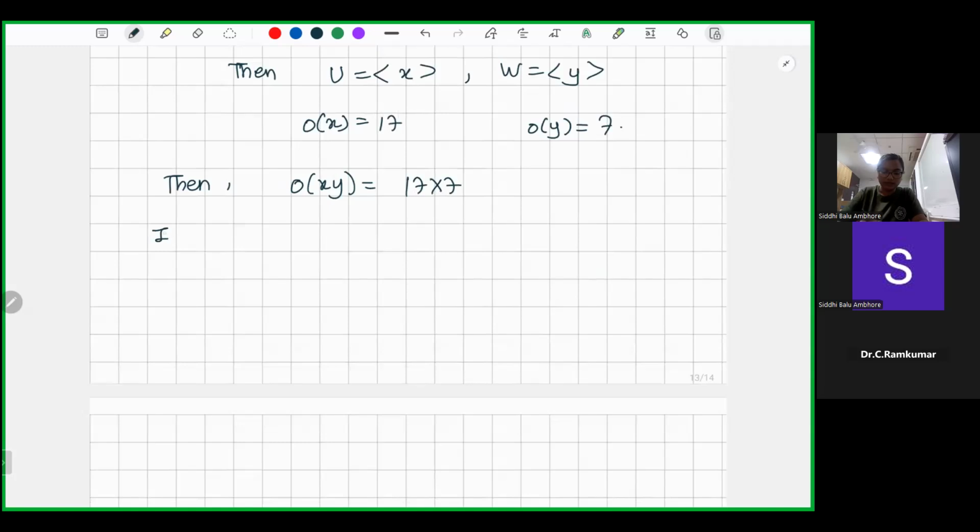Because the order of xy is the product of the order of x and the order of y divided by the GCD of both the orders. If you do not know, please check. Since the GCD of 17 and 7 is 1, we get that this is 119, and the order of my group is also 119.